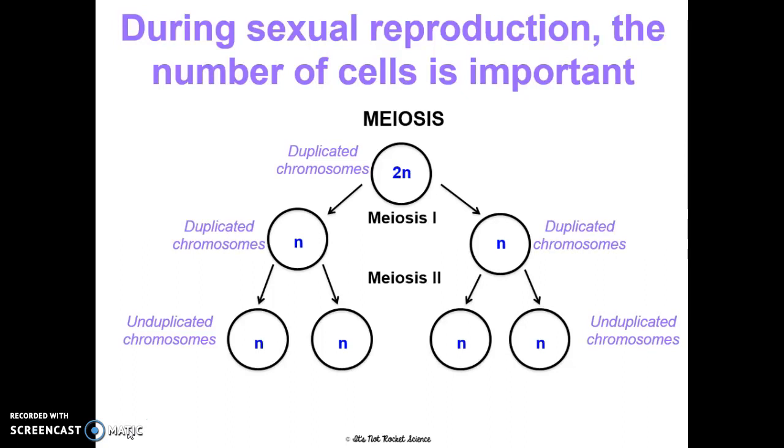Okay, so this is where you can see where it says meiosis 1 and meiosis 2. So we end up with a starting cell, and we end up with 4 daughter cells. And we'll talk a lot more about that very shortly, probably in the next video.